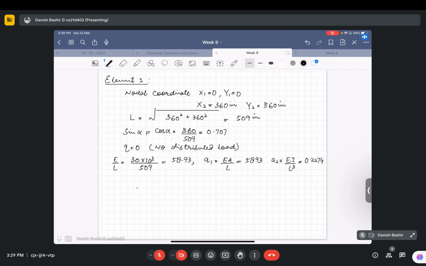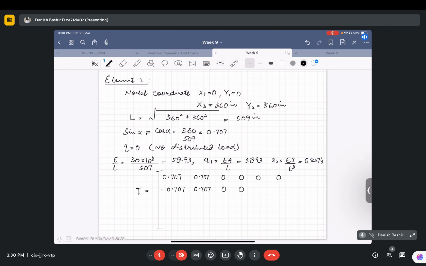Now the transformation matrix T we have to write. It's a very long matrix. Transformation matrix: 0.707, 0.707, columns 1, 2, 3, 4, and this is minus 0.707, this is 0.707.